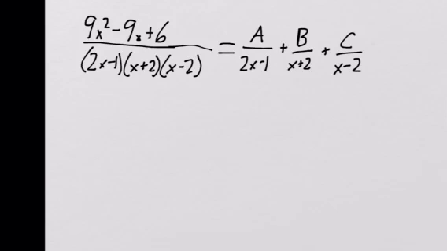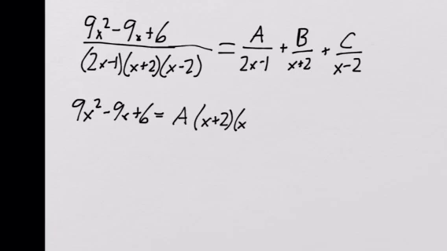But now, let's go ahead and clear this equation of fractions. So I can do that and multiply everything together. So I get 9x squared minus 9x plus 6 is equal to A. I have the 2x minus 1 in the denominator that cancels out, but I still need an (x plus 2) times (x minus 2).